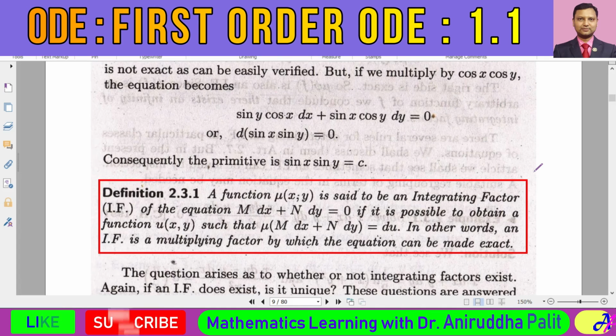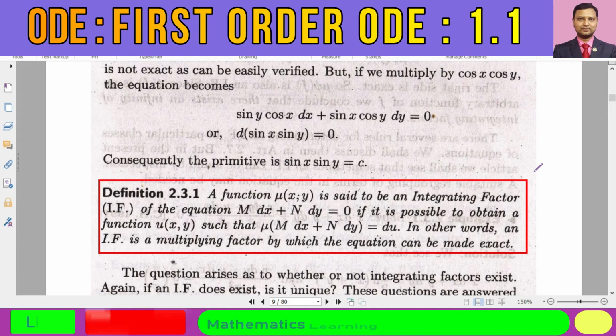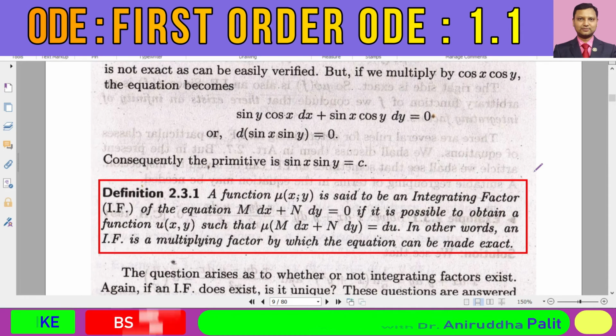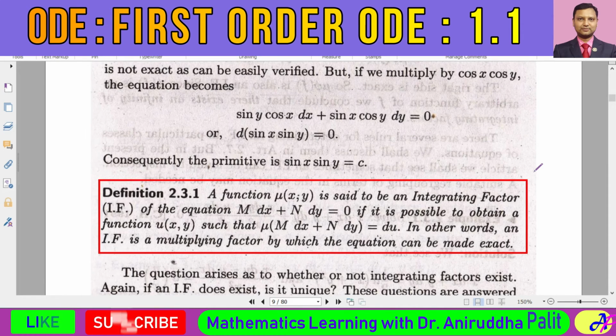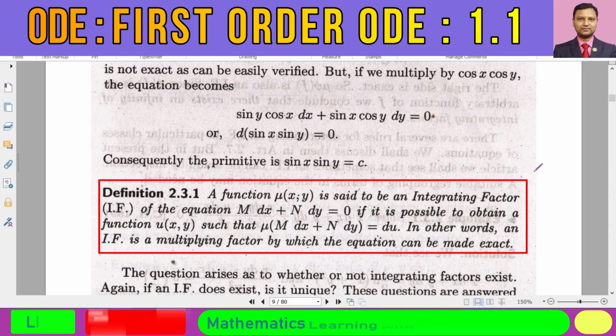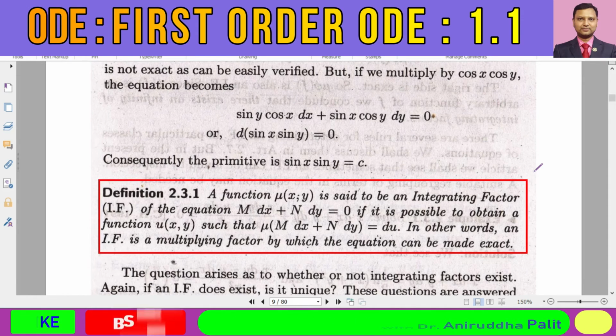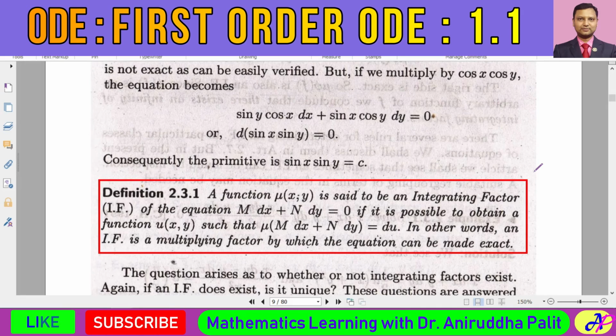But most of the time in the practical field, whenever we make our research, it is very hard to find the integrating factor. And even if we can find a certain integrating factor satisfying the condition of integrability.